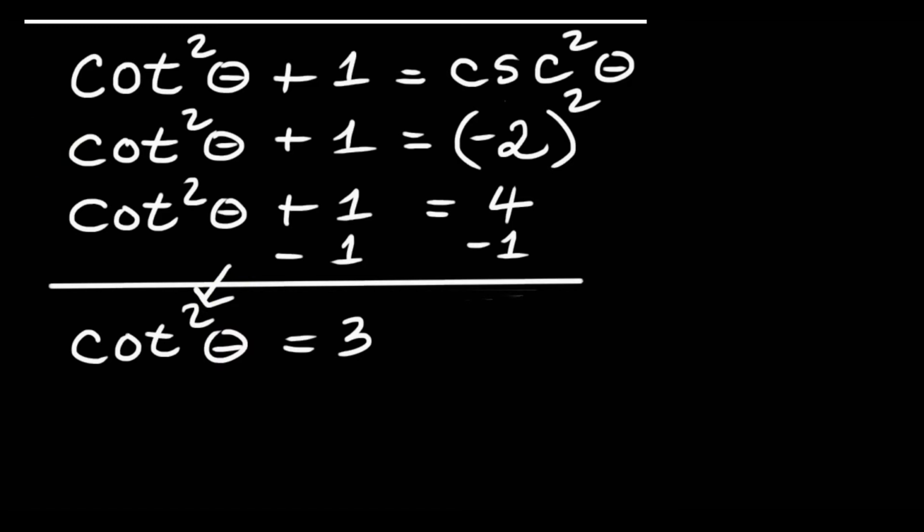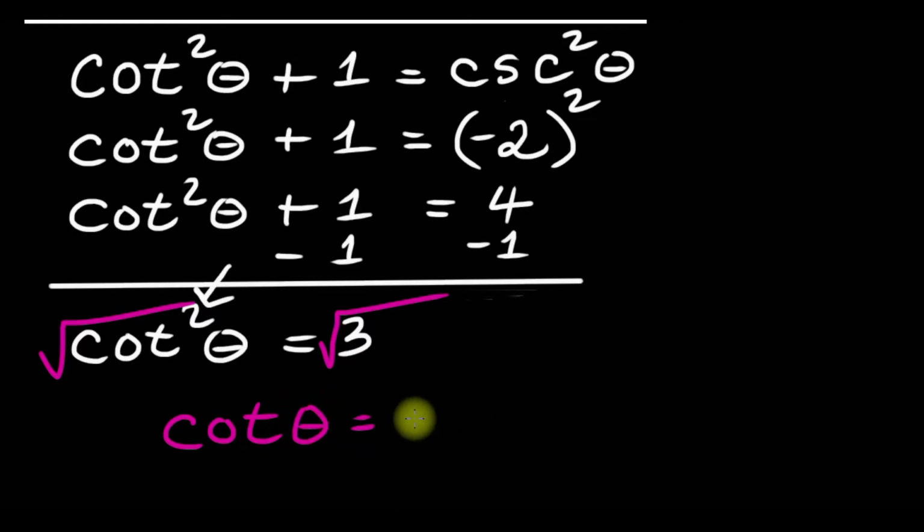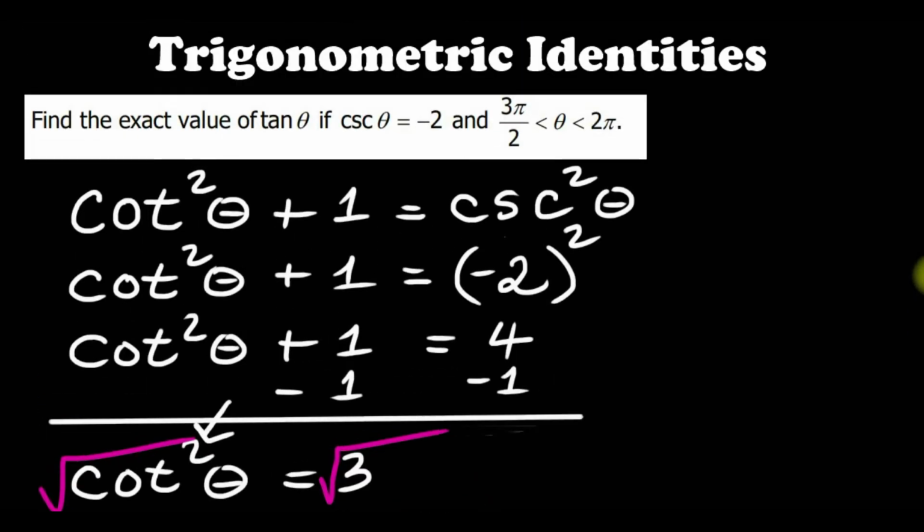If I square root cotangent squared, I have to square root the 3. So this will give me cotangent theta is square root of 3. And then next I have to determine if this is going to be a positive square root of 3 or a negative square root of 3. So I have to go back and look at theta.